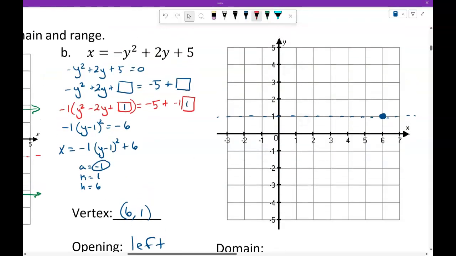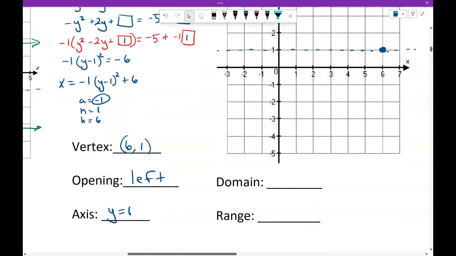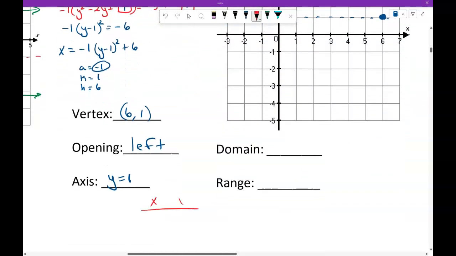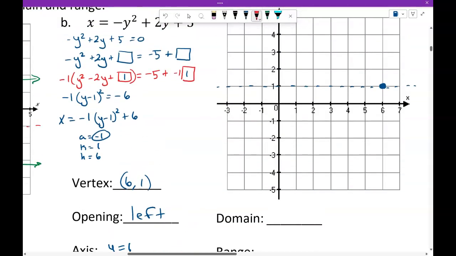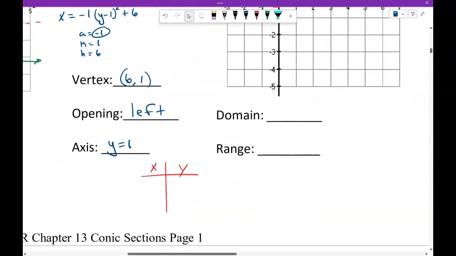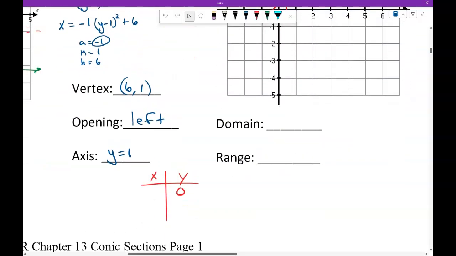Let's go ahead and use an XY chart to fill in some points now. Now y is our independent variable, so let's pick some values of y. Our vertex is at 1, so let's say 0. 0 is pretty easy. We'll plug in 0 into our equation. So we want to solve.